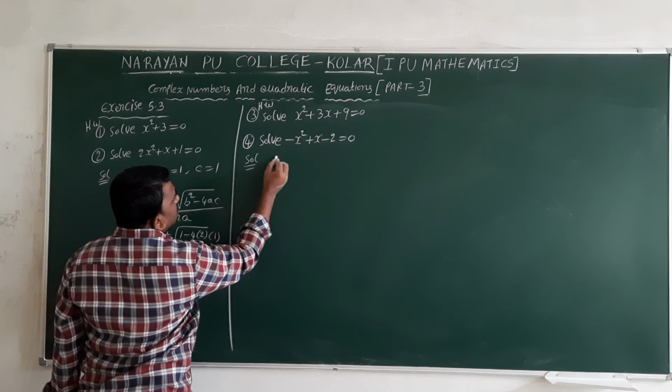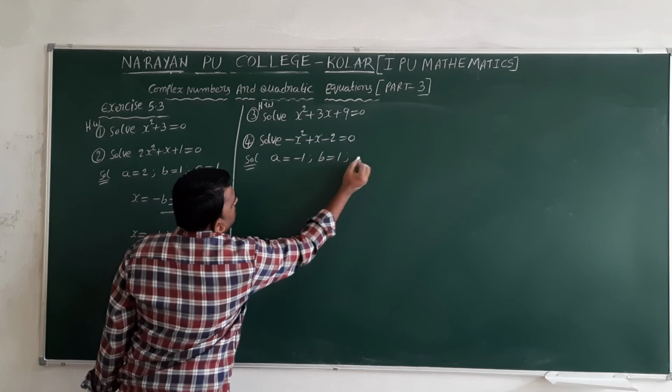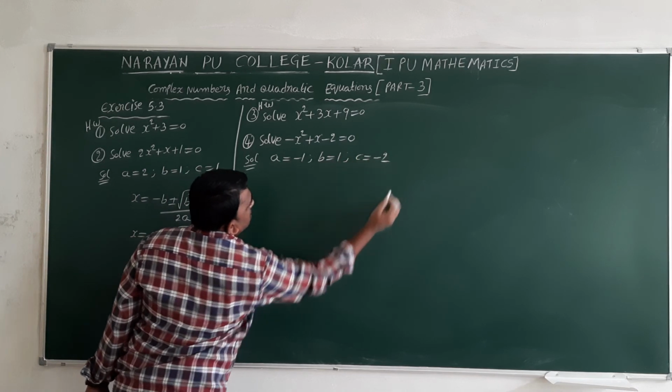Compare with the standard form. A value is minus 1, b value is 1, c value is minus 2.